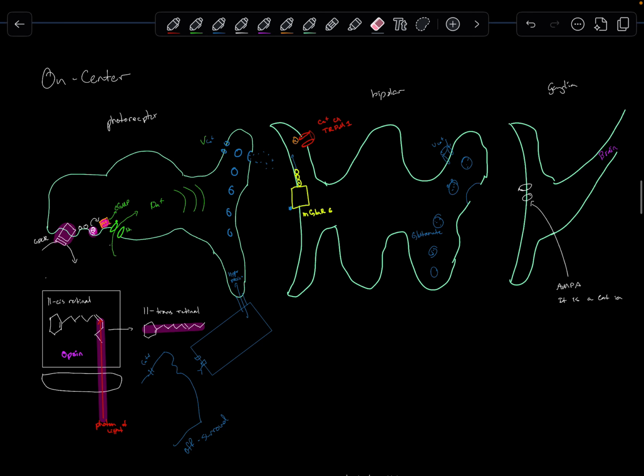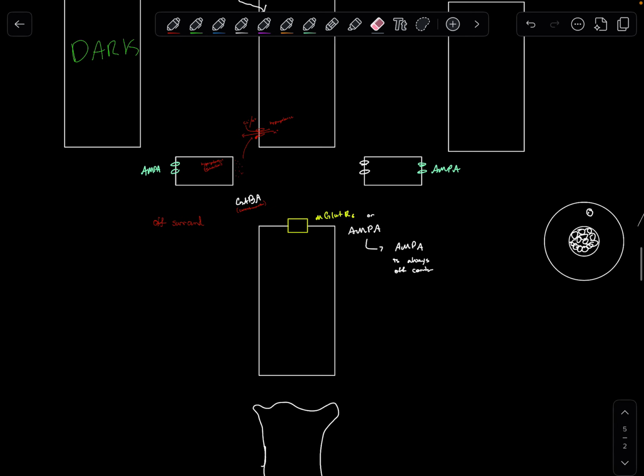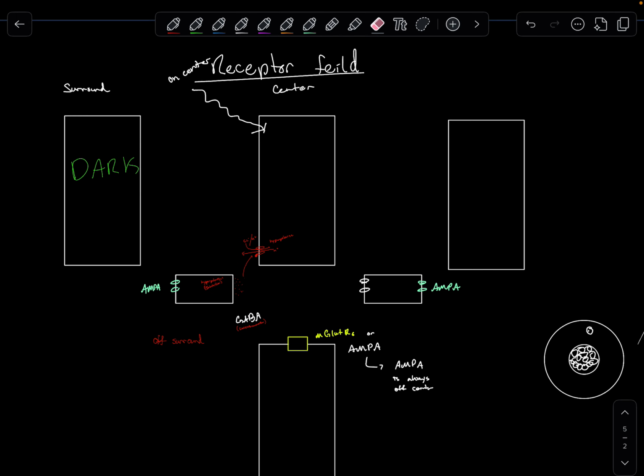Before we jump back up there, I want to take a look at receptor fields, how those work. So in our fovea, we have a ton of these guys. We have a ton of on-center receptors.